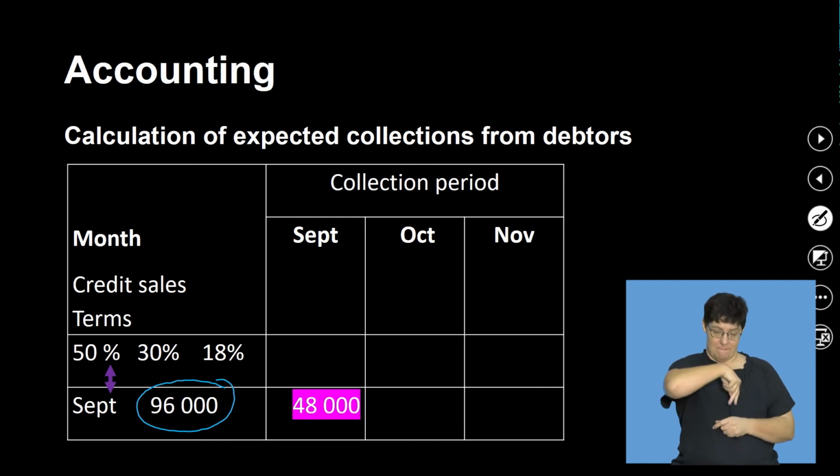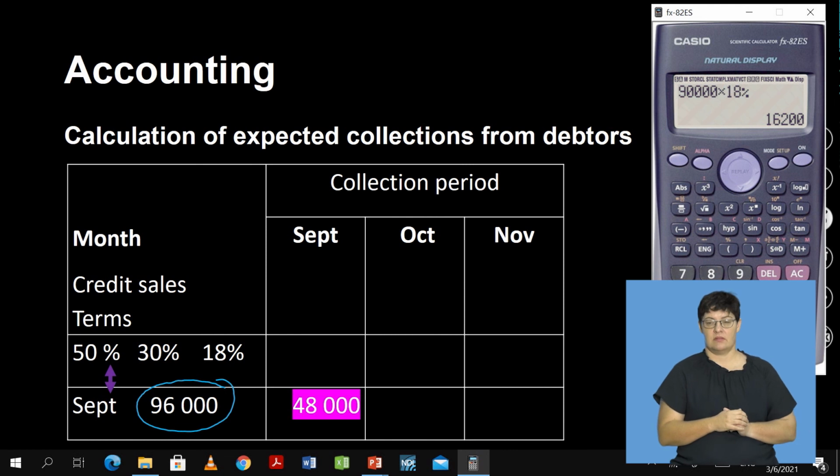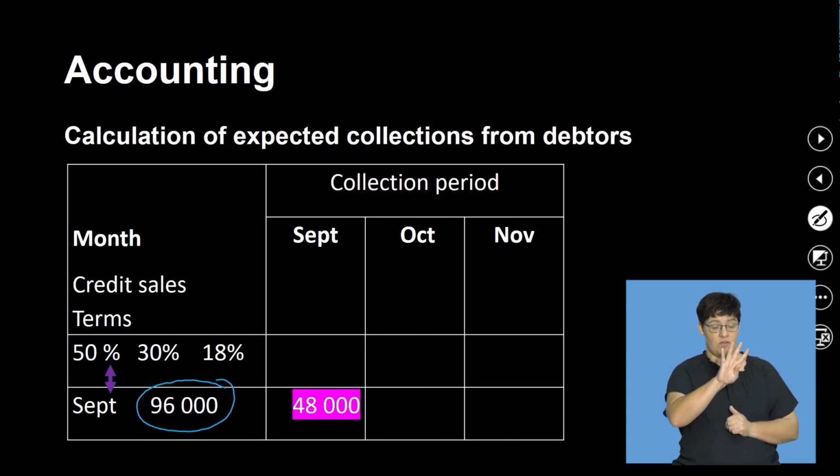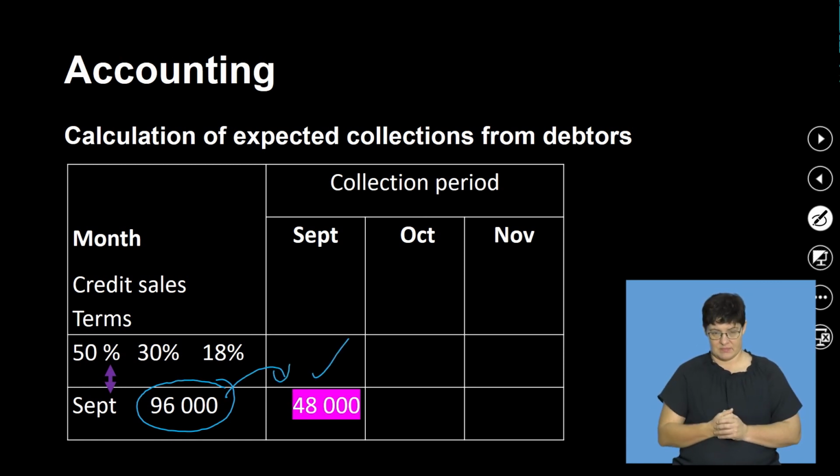I get my calculator out, take my 96,000, which was my total credit sale, times the 50%, and it gives me a figure of 48,000. Here's my 48,000, which was 50% of 96,000. So that's the September sale, 50% in September. There's my 48,000 for September.